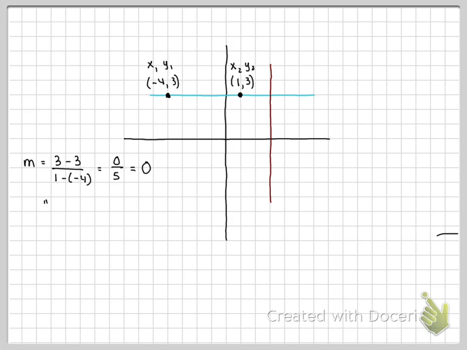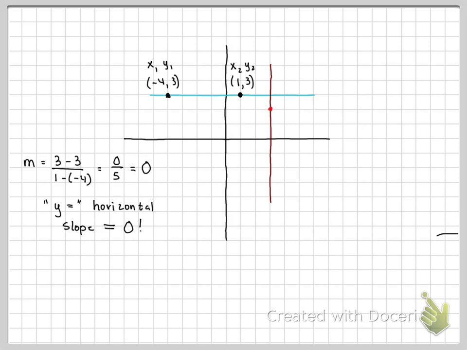So remember, any y equals line is a horizontal line. And what's the most important thing is that the slope of any horizontal line is always 0, always. Okay, so now let's look at the burgundy line, okay?